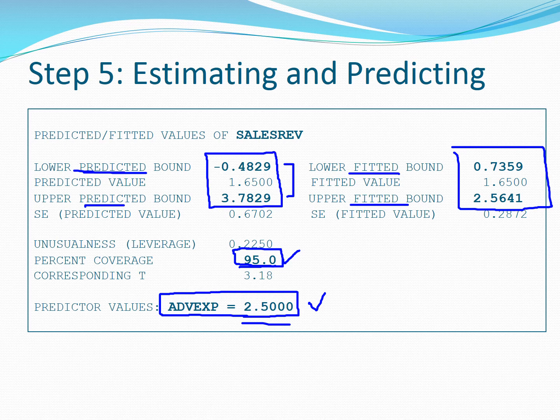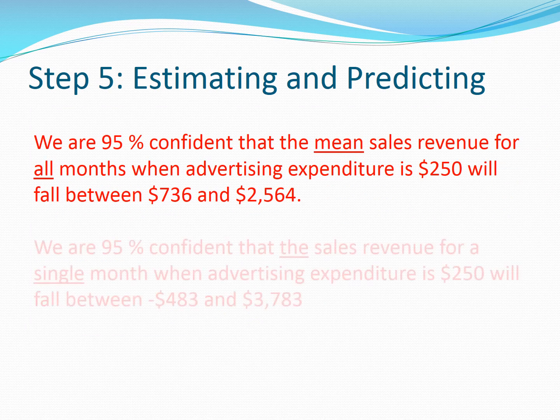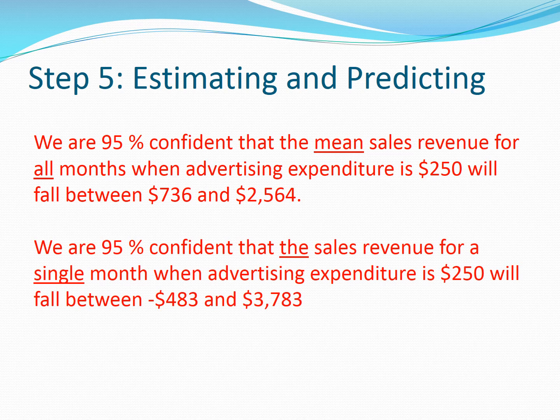So let me go to the next page. We are 95% confident that this is for E of Y now, right? The mean sales revenue for all months when X is equal to 2.5, when advertising expenditure is equal to 250. What's going to happen if I change advertising expenditure? My endpoints are going to fall in thousands of dollars, right?